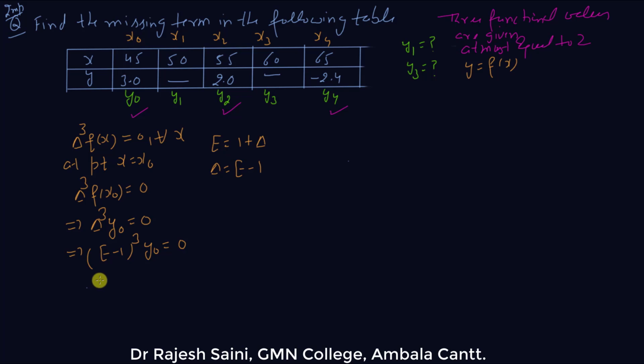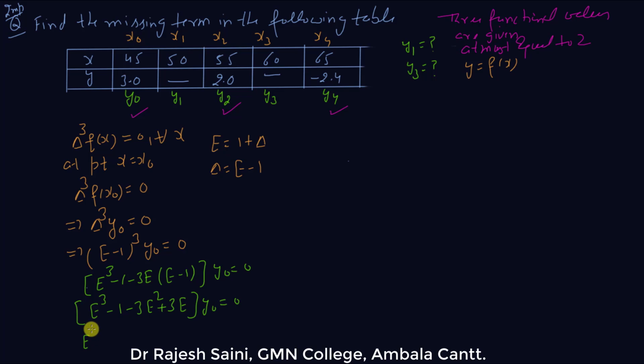This implies E cube minus 1, open it, minus 3E(E minus 1), which is E cube minus 1 minus 3E square plus 3E, applied on y0.